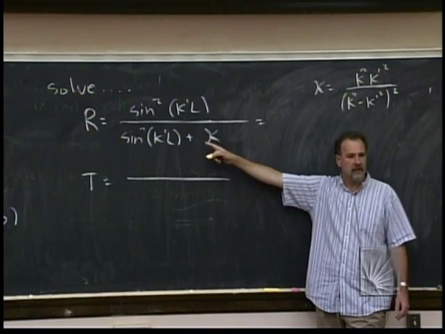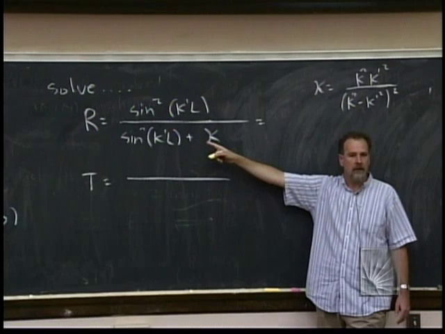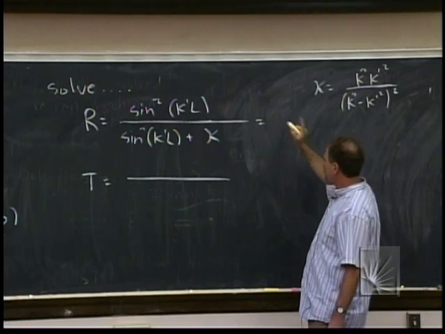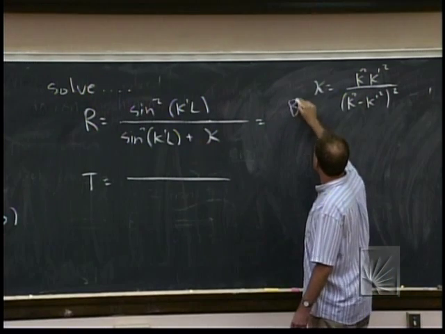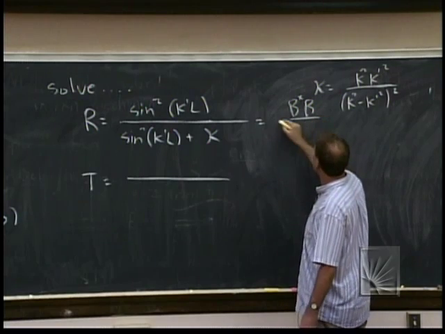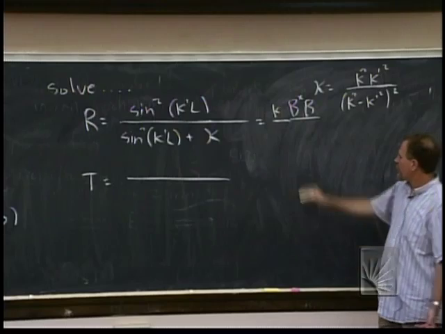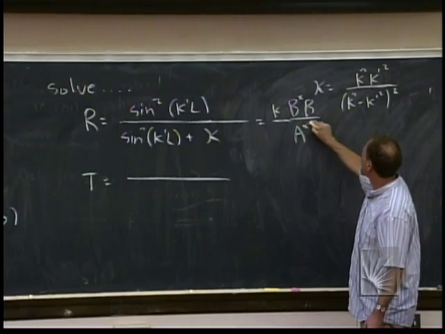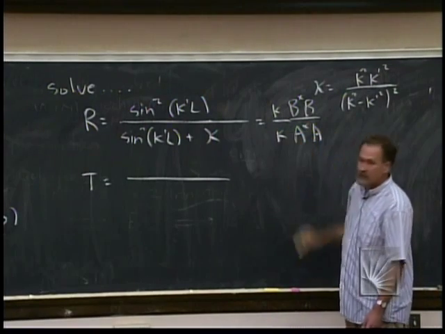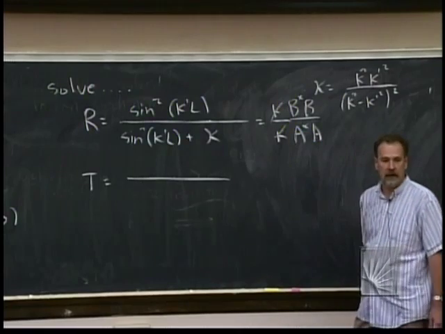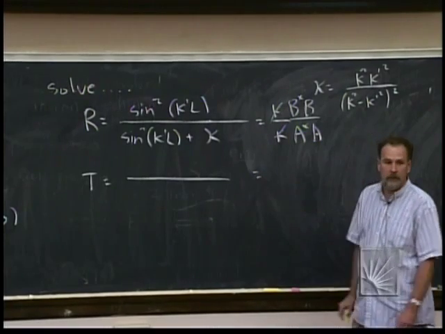What is it? Flux of reflection. Yeah, it's the flux of reflection, which is B star B times K, over the incident flux, which is A star A times K. And then that happens to cancel out. And what was transmission?